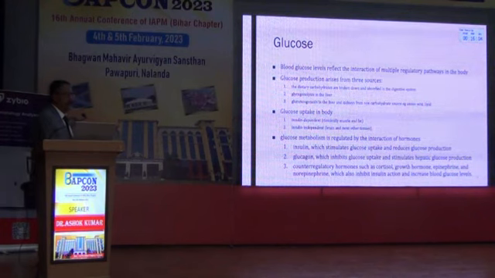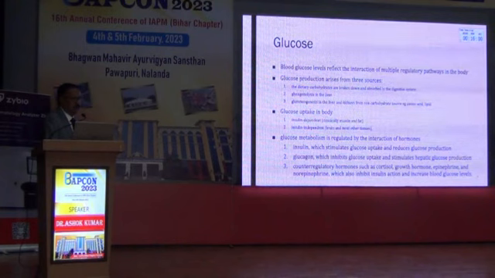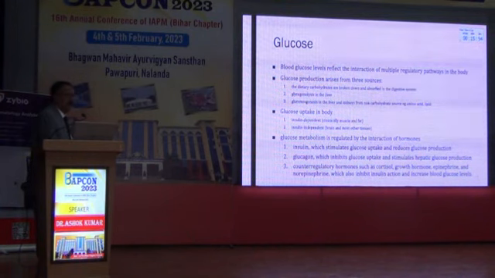Glucose uptake in the body is either insulin dependent or non-insulin dependent. Insulin dependent examples are muscles and fat. Non-insulin dependent is the brain.